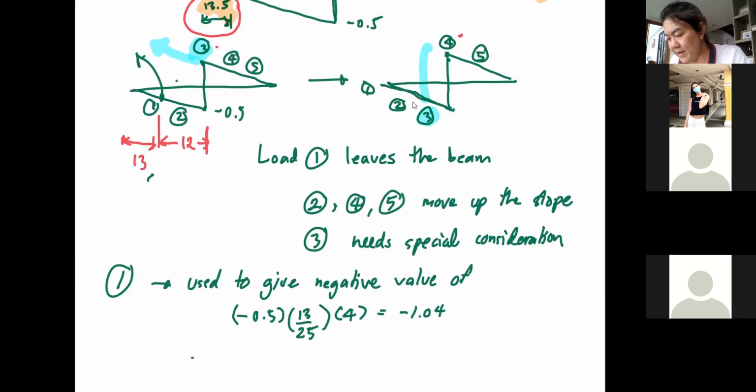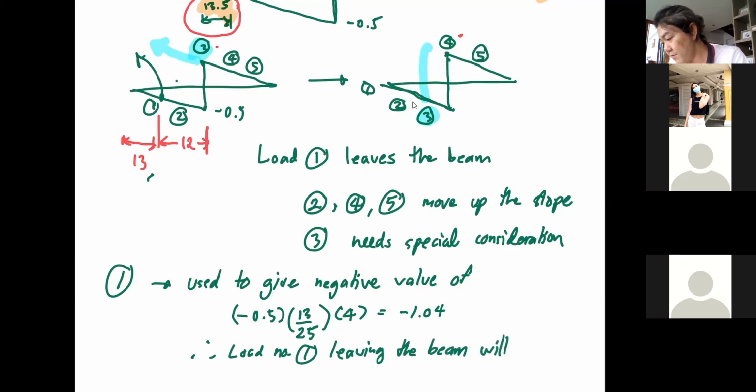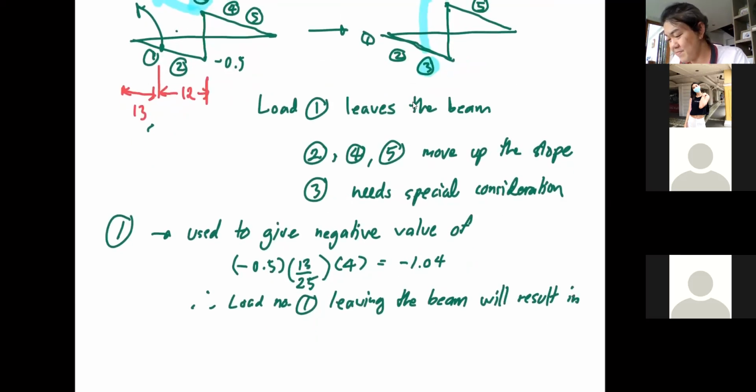So in turn, that means load number 1 leaving the beam will result in a positive shear change, or positive change of V at midspan, because it used to give us the negative value.